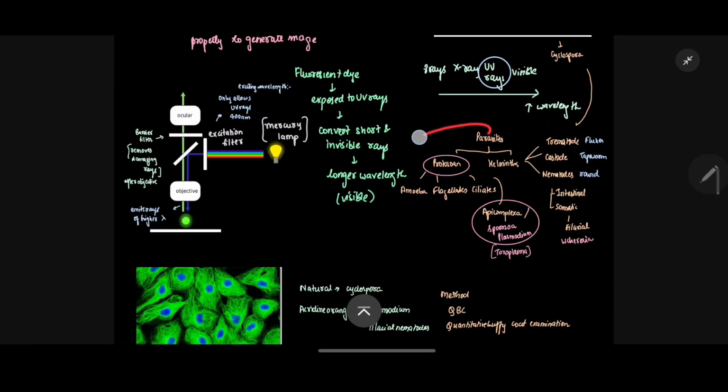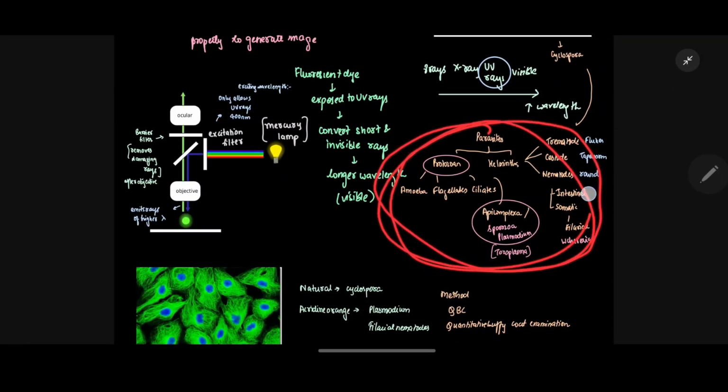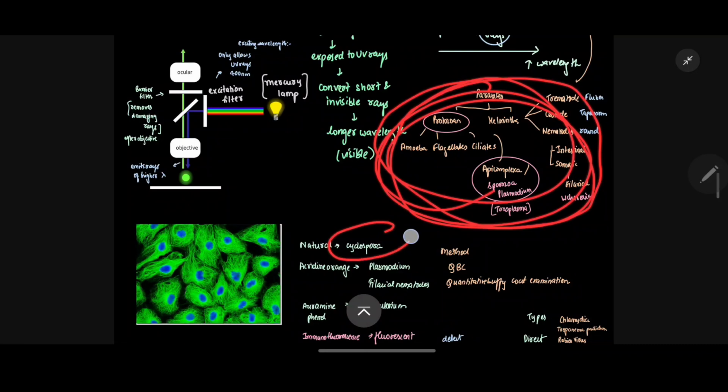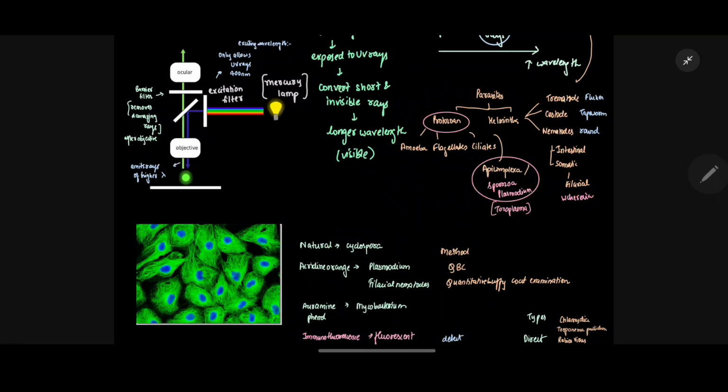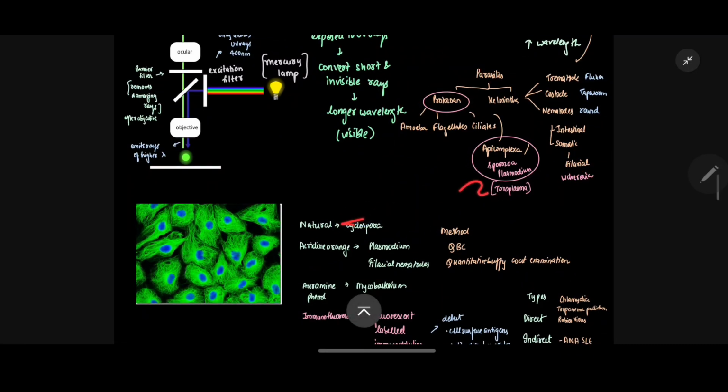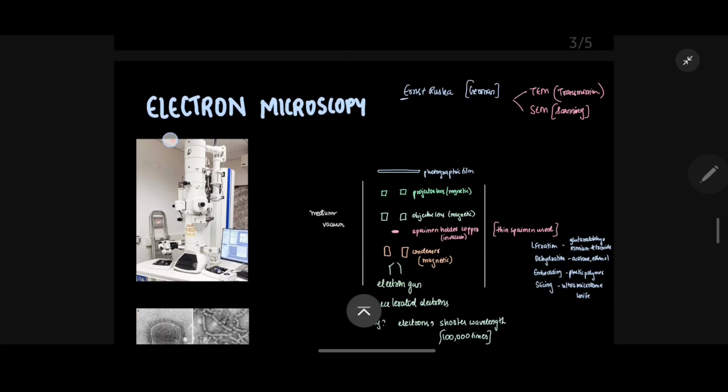I just briefly discussed the classification of parasites here too, so you understand what organisms I'm actually talking about. But don't worry if you don't understand this right now, because once we get to systemic or your general parasitology, you're gonna understand this better. Okay, moving on to the next microscope and the last one, that is your electron microscope.